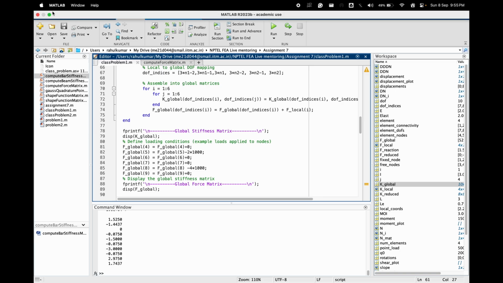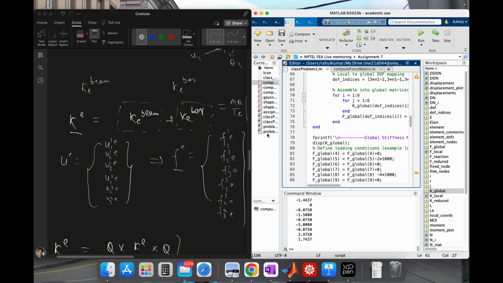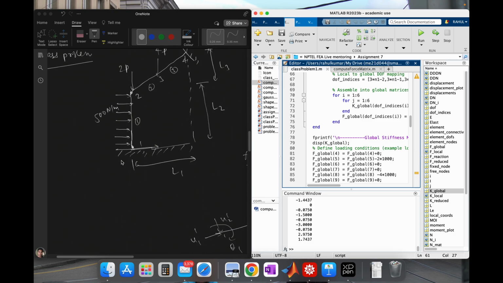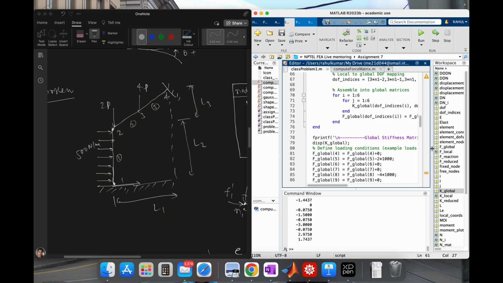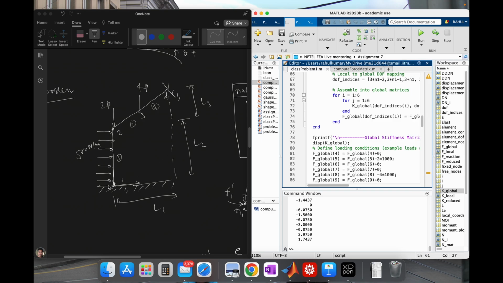Now we have to apply all boundary conditions. Here there is no such force, so that's why f1, 2, 3 will be 0. And f4, since there is no requirement, even if I comment it, there will be no requirement of that.